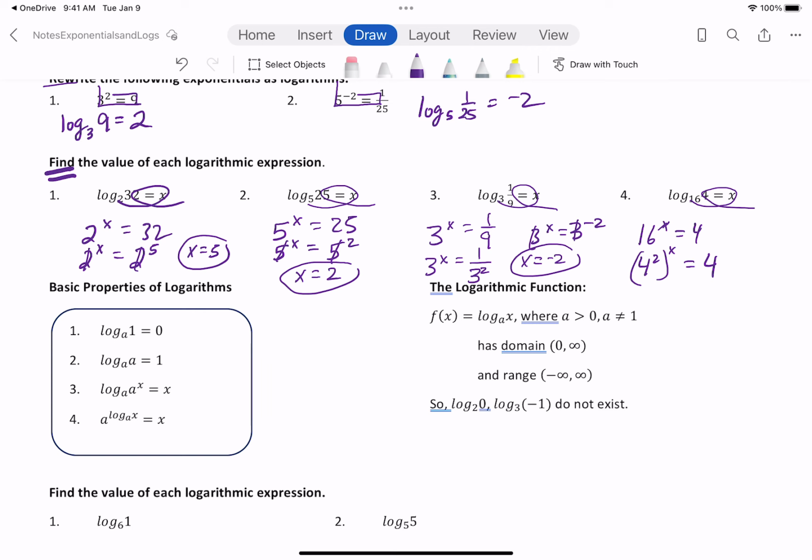And then remember that this is 4 to the 1 if you want to see that. So we can drop the like bases and take the exponents and set them equal. And then if I divide both sides by 2, I get x equals 1/2.